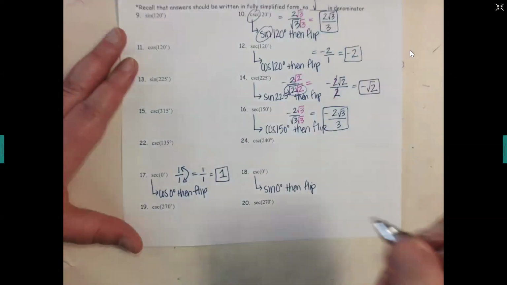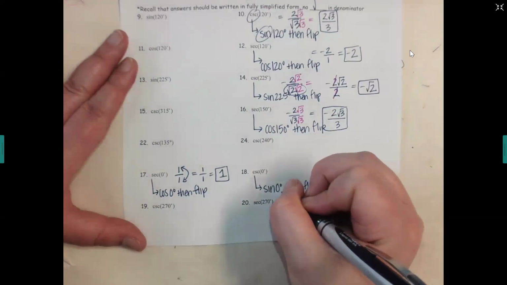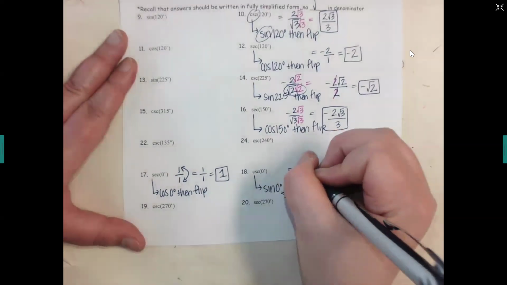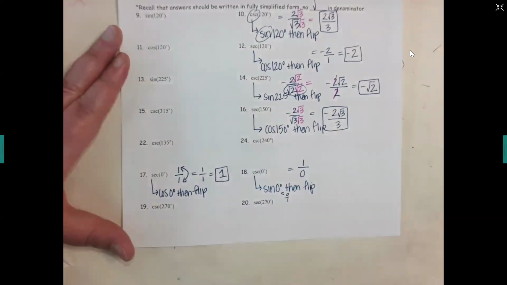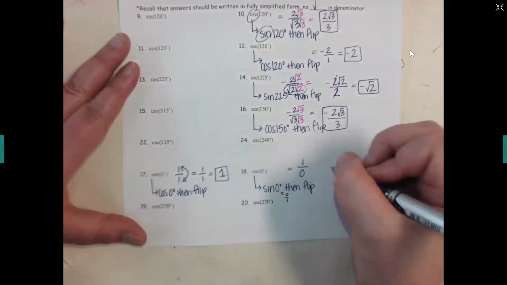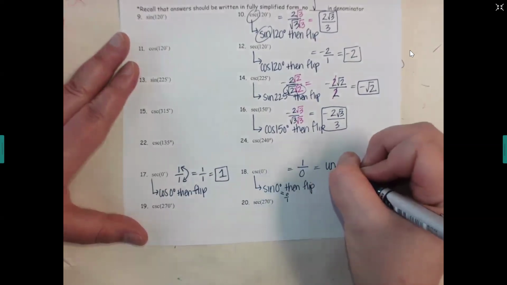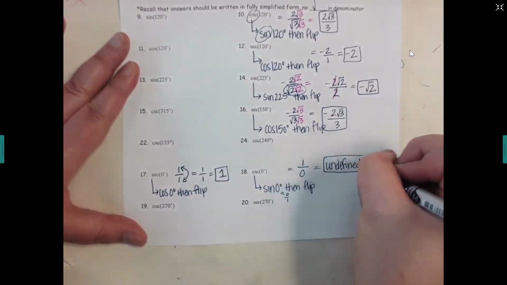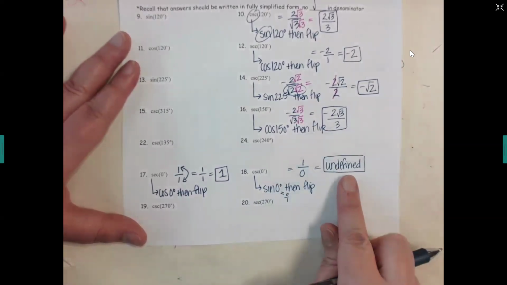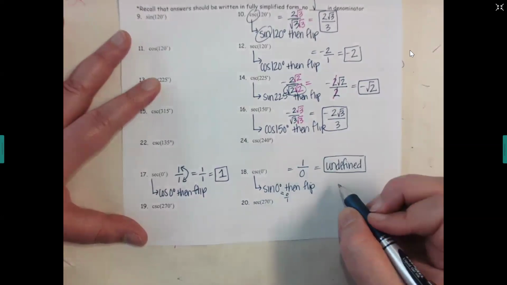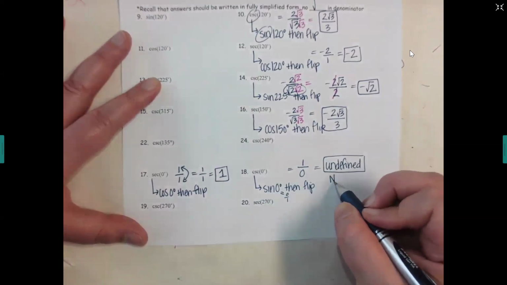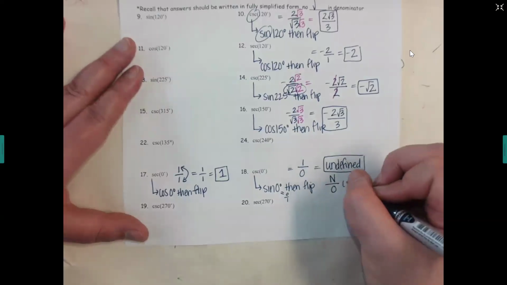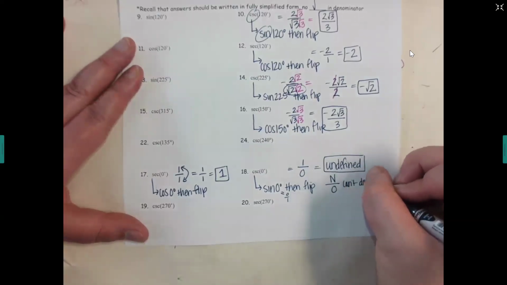If it's originally 0 over 1, then when I flip that, now I'm going to have 1 over 0. And remember, you are never allowed to divide by 0, so that's going to be undefined. And when you do today's homework, you should notice there's a button for undefined. So I'm going to put right here, no 0 left on the bottom. Okay. Can't divide by 0.